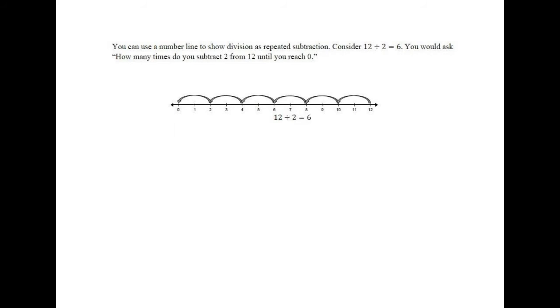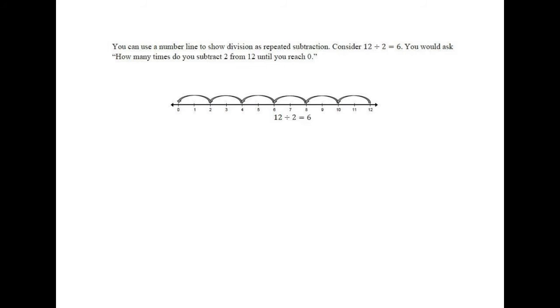Okay, this is showing how to use a number line to represent the repeated subtraction portion of division. If we start with 12 divided by 2 equals 6, we know that's true. This is what it looks like on a number line.